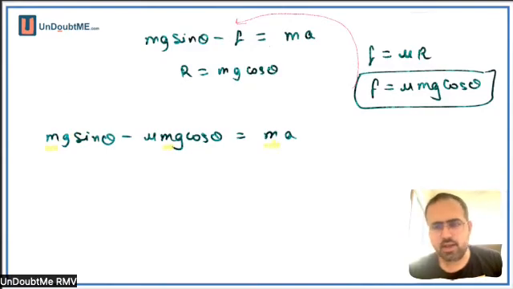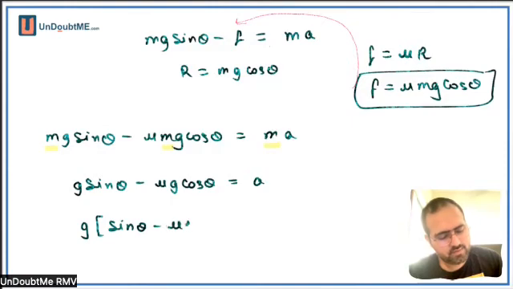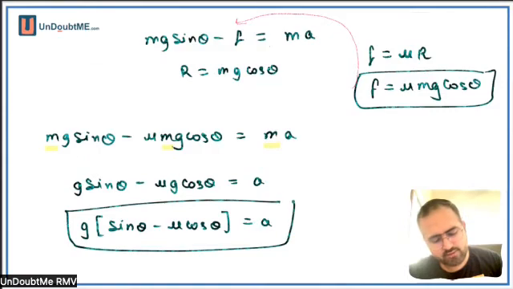I can divide both the sides by m. So that will give me g sine theta minus mu g cos theta is equal to a. If you want to write in a more simplified form, you can also write g into sine theta minus mu cos theta is equal to a. That's the final answer.